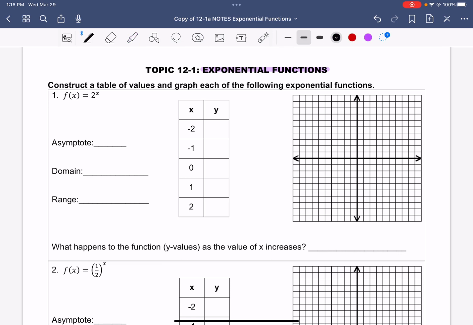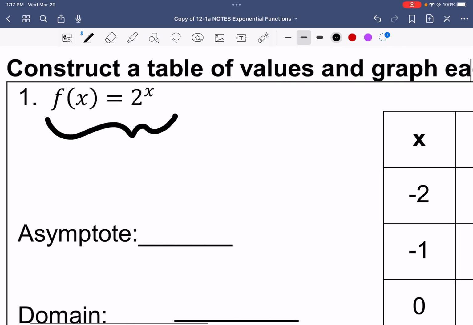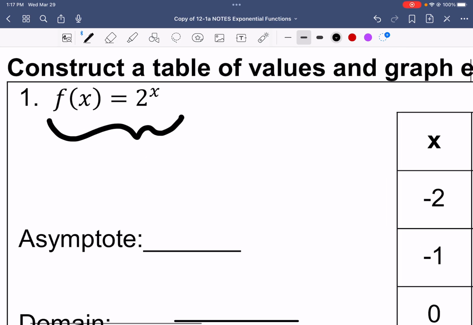Okay, so what I want you to do is in your calculator, you're going to graph this line: 2 to the power of x. I don't have a way to show you, but once you go to the graph part on your calculator, it's a 2, and then raise it to the power. It's that little arrow that goes up, okay?